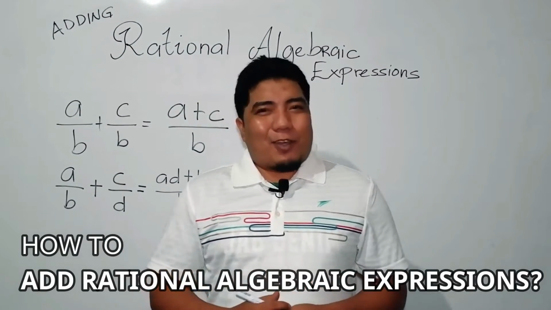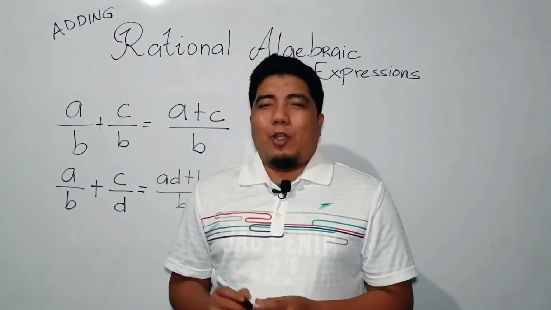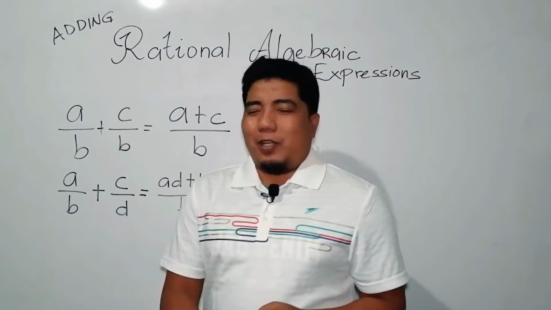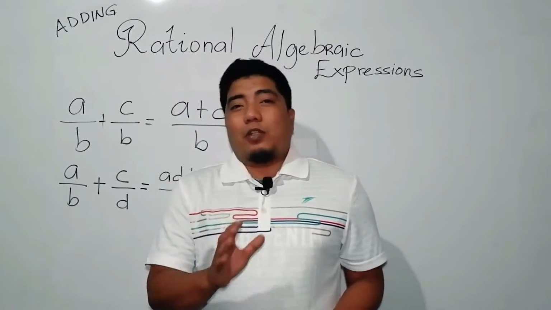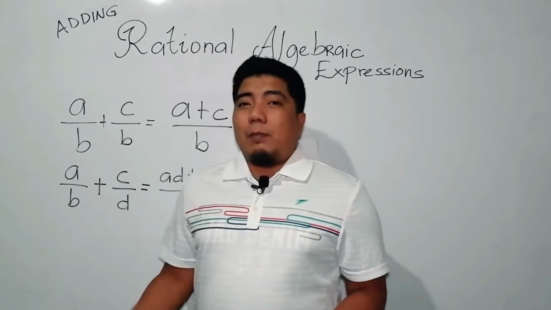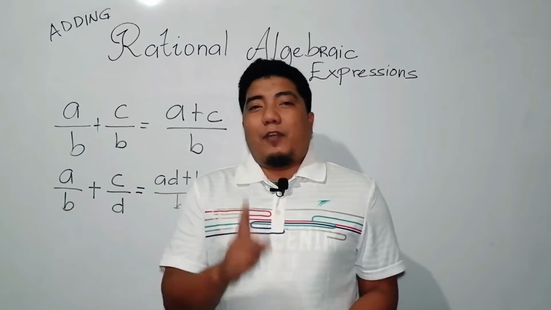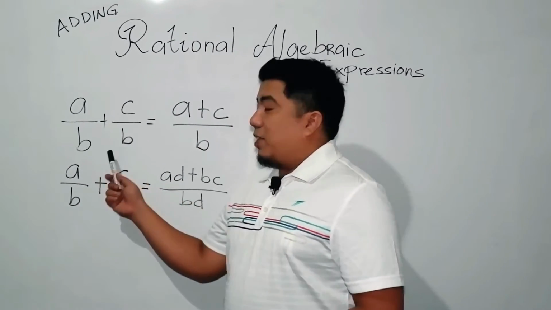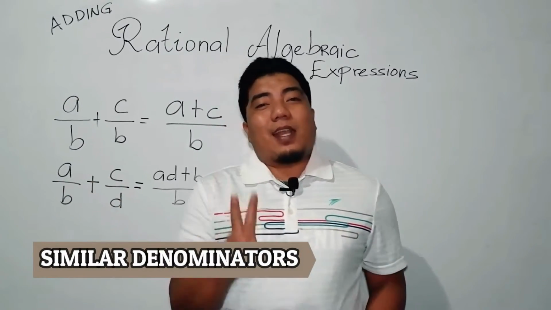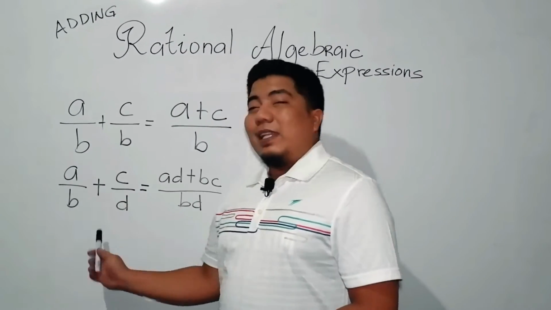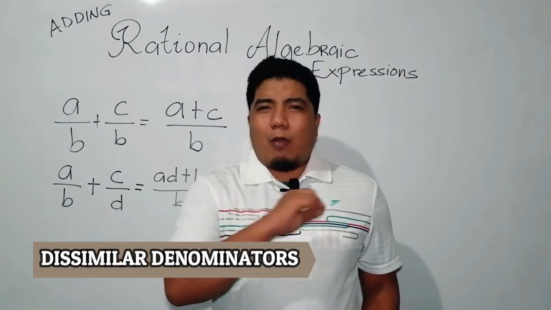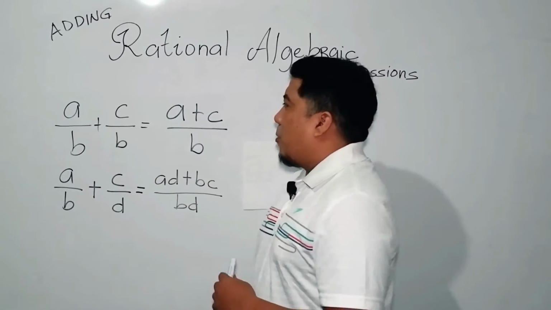So now, let's talk about the third operation, which is addition. In adding rational algebraic expressions, there can be two scenarios. The first scenario is that you will have the same denominator, and the second scenario is that you will have different denominators. Let's talk first about the first scenario.